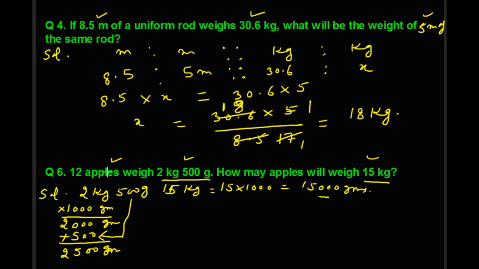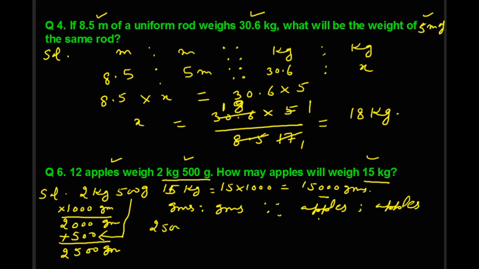Now here grams, here apples, and here apples you have to find. So we will take grams ratio grams, proportion is apples ratio apples. 12 apples are given, how much is their weight?